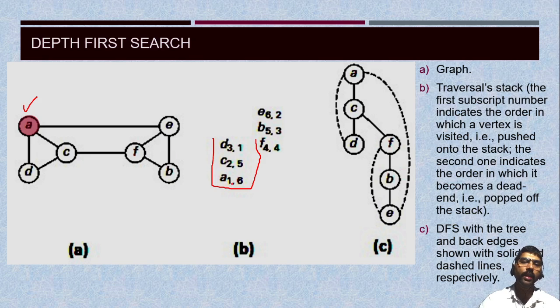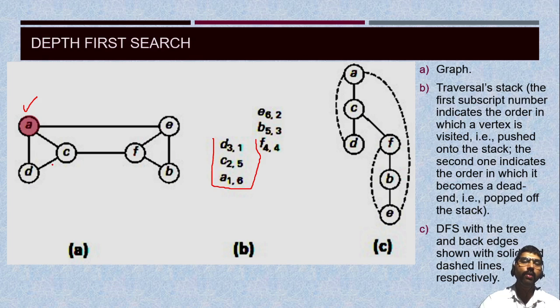Here A1 indicates that first I visit A, and the second number indicates the order of the pop operation, that is, when we backup. Now see, first I have visited A, so I make it A1. Then I have three adjacent nodes here, D, C and B.